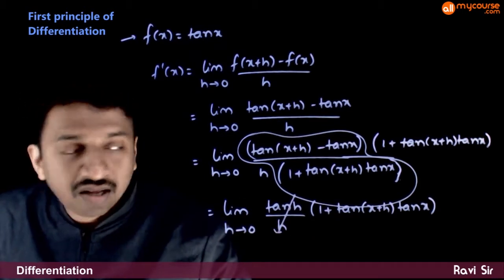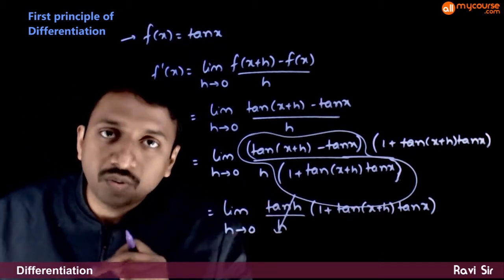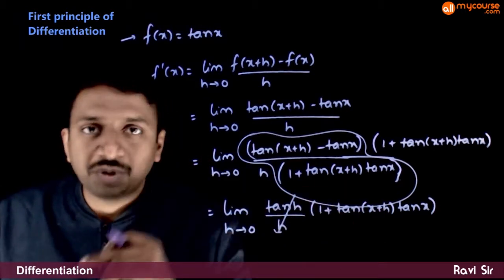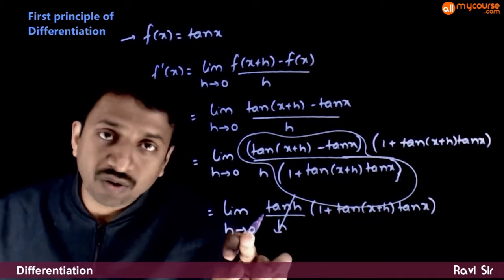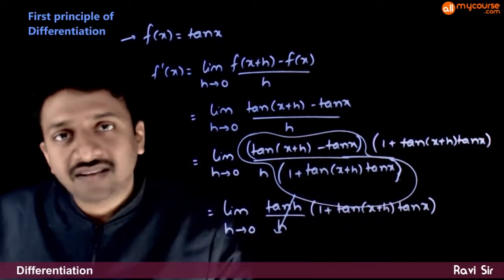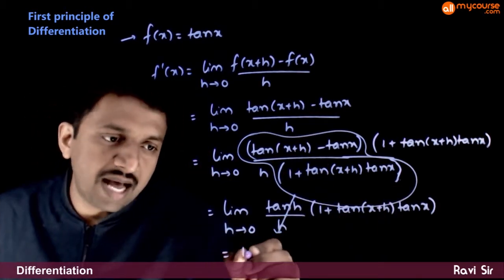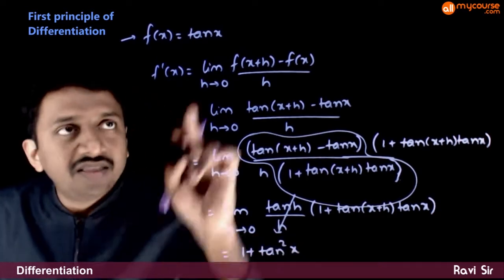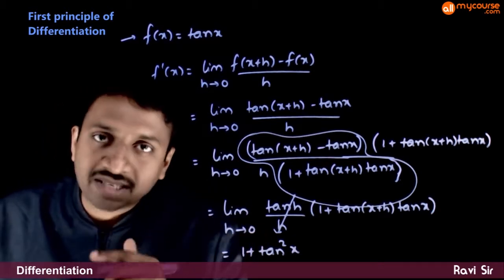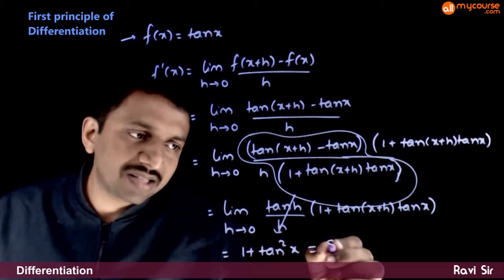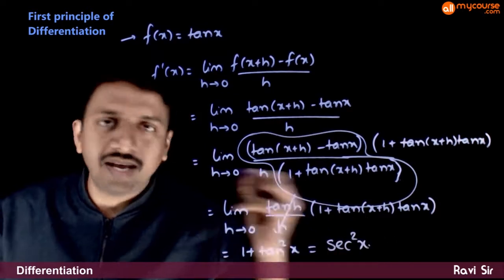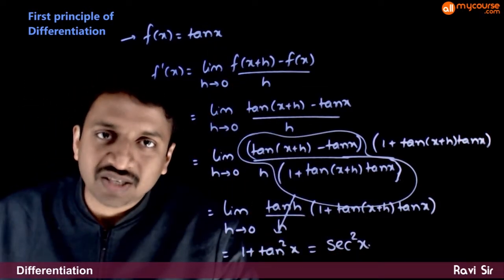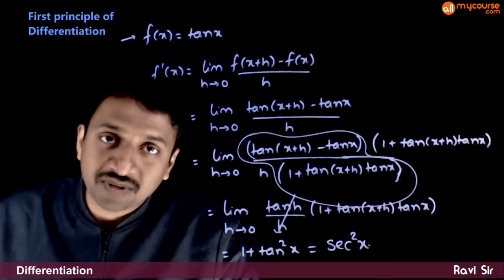That's the standard limit, and once this goes to 1, the indeterminacy has been removed, so you can directly do the substitution. h goes to 0, so tan x into tan x is tan square x. So the answer is 1 plus tan square x. The differentiation of tan x is 1 plus tan square x, but 1 plus tan square x can be written as secant square x. So tan x's differentiation is secant square x using first principles.